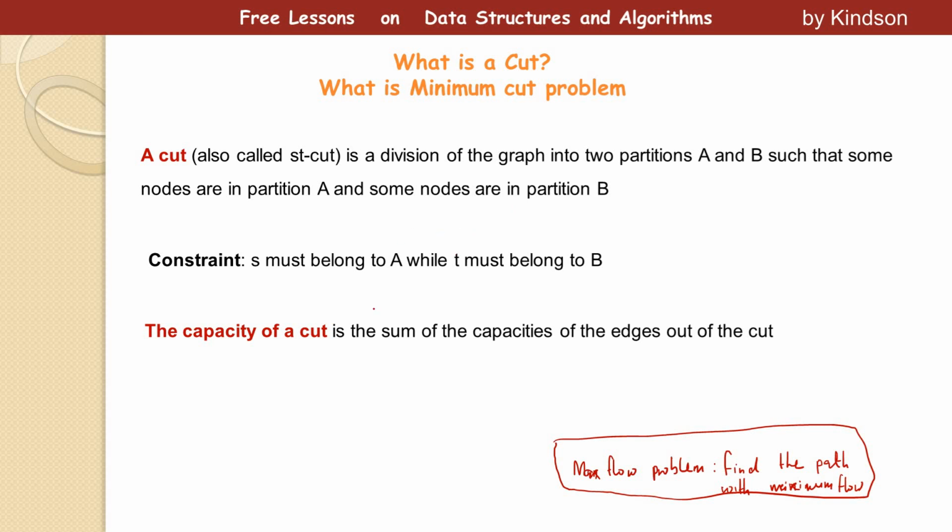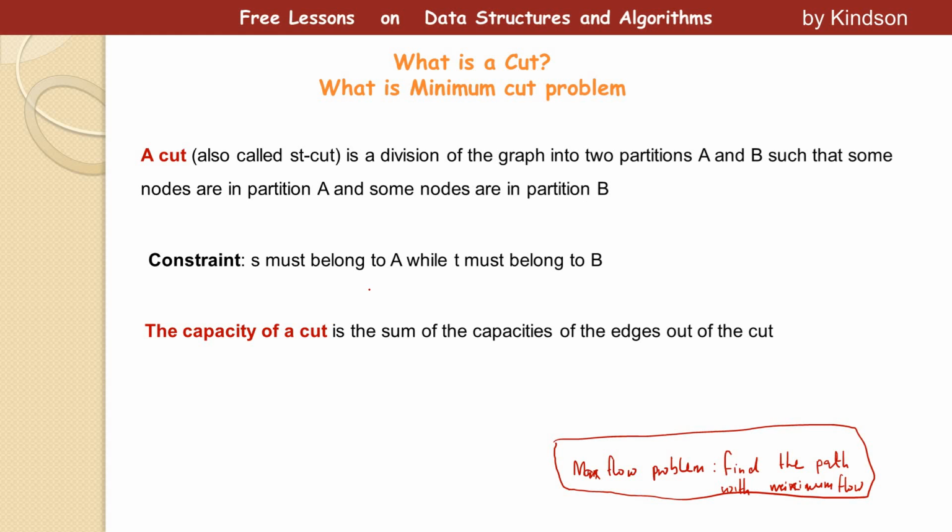So let's now go to cuts. What is a cut? Of course, if you take a knife, you can cut through something. The same thing applies: you can cut through the network or the graph, but in a different sense. Let's look at the definition.